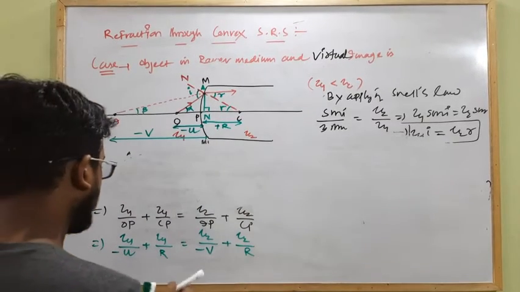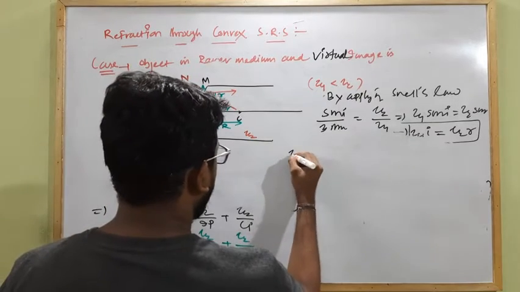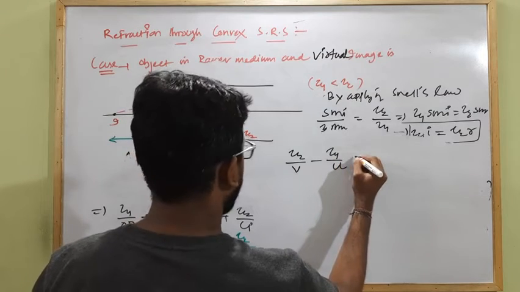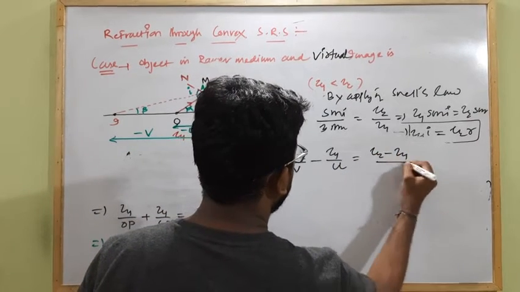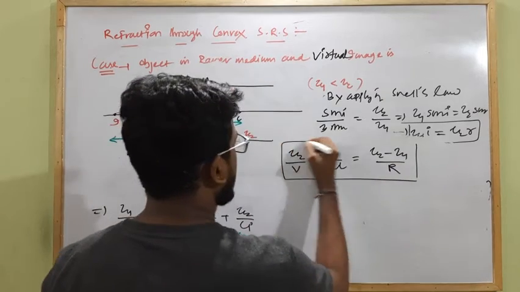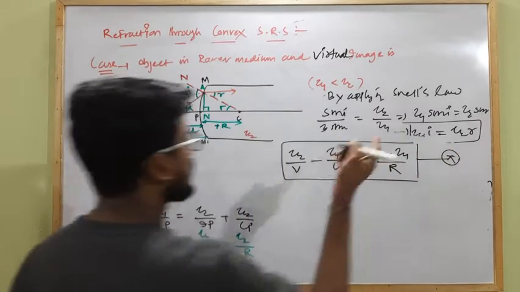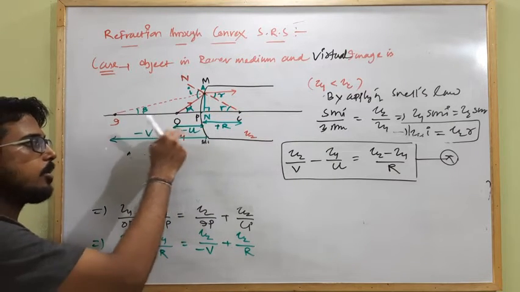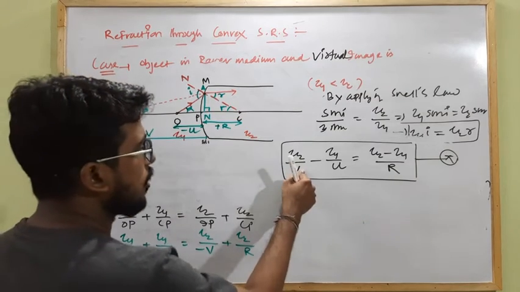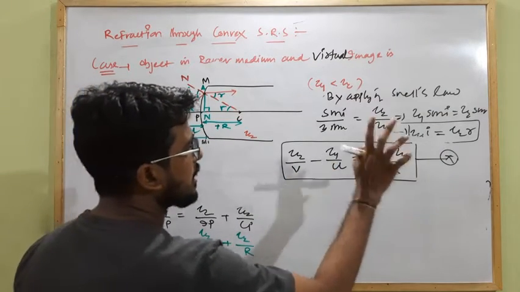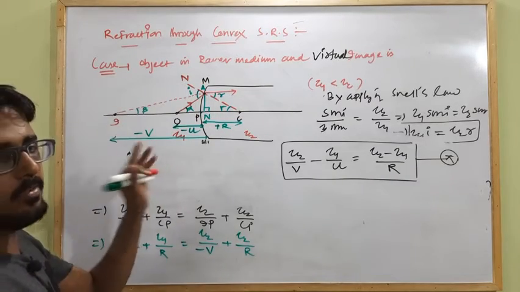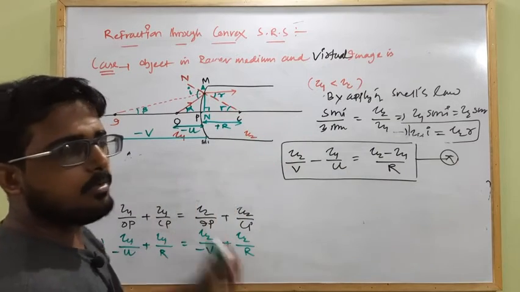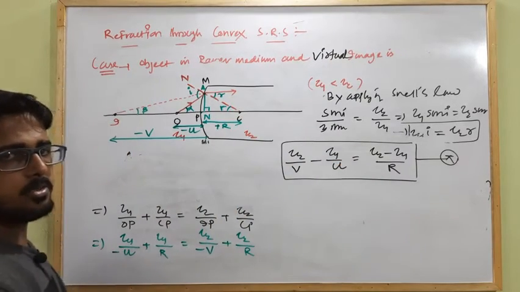By rearranging this, we will get mu2 by v minus mu1 by u equal to mu2 minus mu1 by r. The expression is the same as the previous one, where mu2 is the refractive index of the medium into which the light is going, mu1 is the refractive index of the medium from which the light is coming, v is the image distance, u is the object distance, and r is the radius of curvature of the spherical refracting surface, and all are replaced with their signs during application of this formula in numerical solutions.